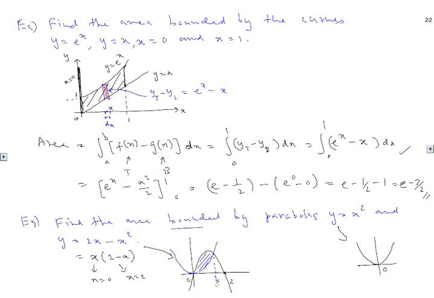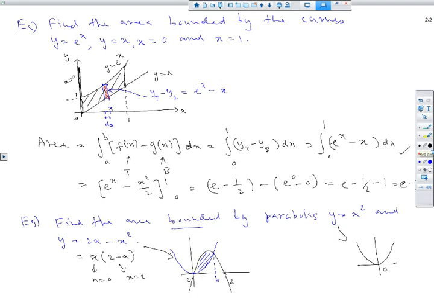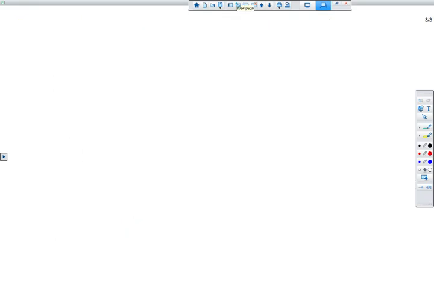So what you do if you get a problem like that, first try to draw the graphs, and then try to find the intersection points. Okay, so let's continue the problem. I'm going to draw it here again. We have one going like that, and we have another one going like this.